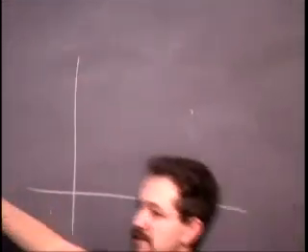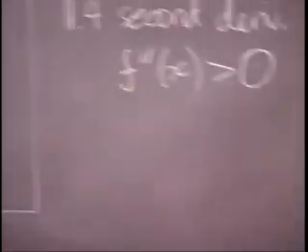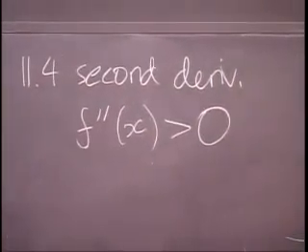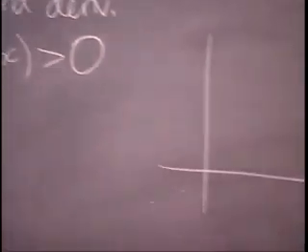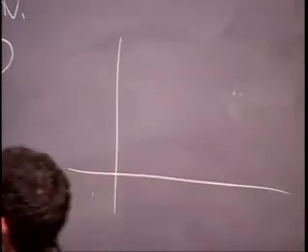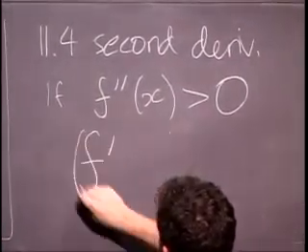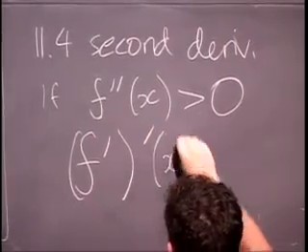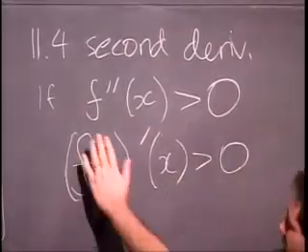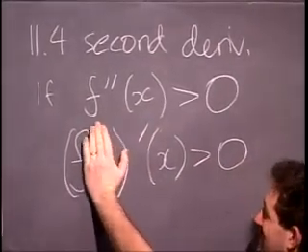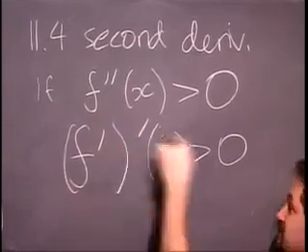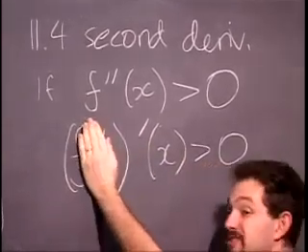What does this even mean? What does it mean to say f double prime of x is greater than 0? Think of this as the derivative of the derivative. So think of f prime as a unit. Something's derivative is positive, and that something happens to be f prime.